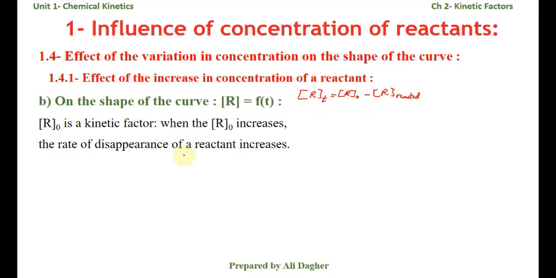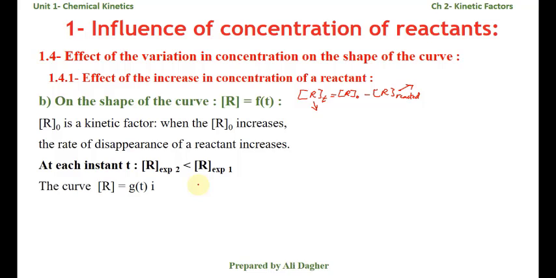When the rate of the reaction increases, that means the amount or the concentration of reactant disappeared or reacted increases. Therefore, the concentration of reactant left decreases. So at each instant, the concentration of reactant left in experiment 2 is less than the concentration of reactant left in experiment 1.